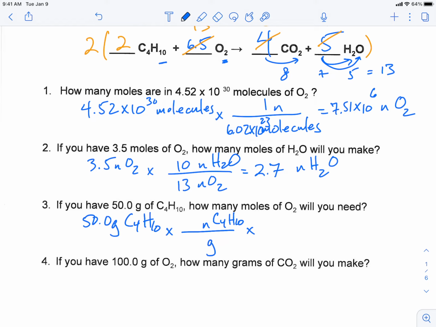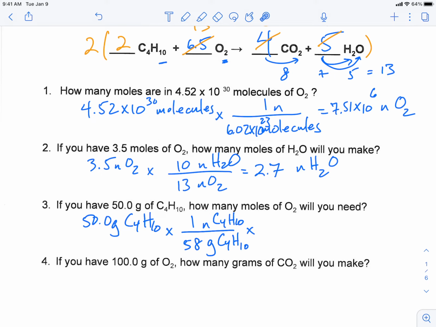Units of grams of C4H10 have to go on the bottom. So we want to recognize the units that we need, the units of moles per gram, tell us that we're dealing with molar mass. Molar mass of C4H10 is around 58 grams. At this point, we're in moles of C4H10.